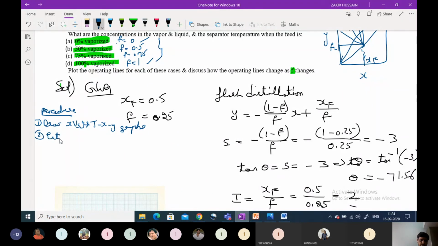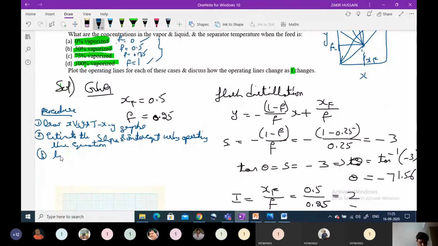So okay, estimate the slope and intercept using the operating line equation. Slope and intercept you have to estimate.